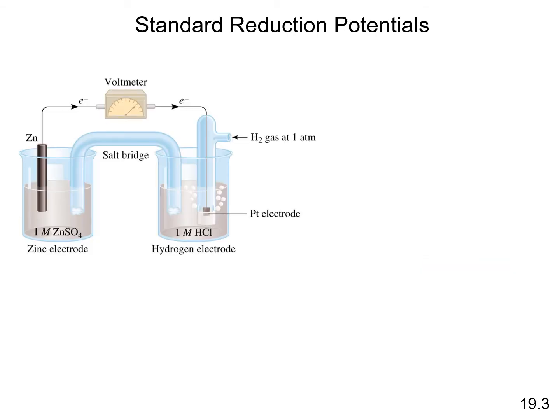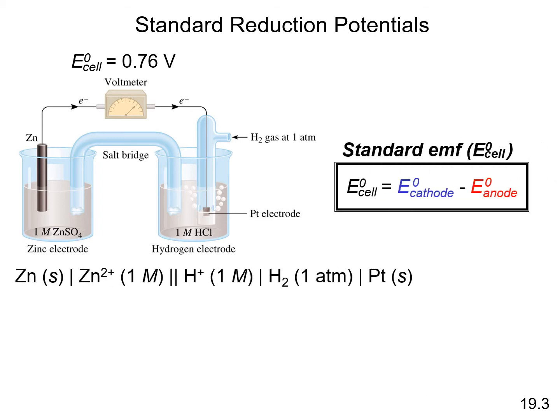So how do we then measure the reduction potential of other half cell reactions? Again, we measure the charge on the electrodes, meaning in both electrodes. In this case, we have the zinc electrode and, of course, our standard hydrogen electrode as our basis.